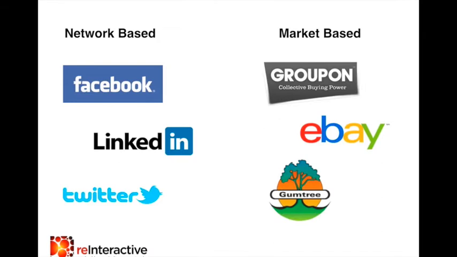So the reason location works really well for these types of products is there's often a location element to the product. For example, if we're looking at market-based products like Groupon, often the sellers of a product are going to be selling an item that is quite geographically specific. Groupon sells coupons to restaurants, and the people who are going to buy those coupons really need to be located close to those restaurants.